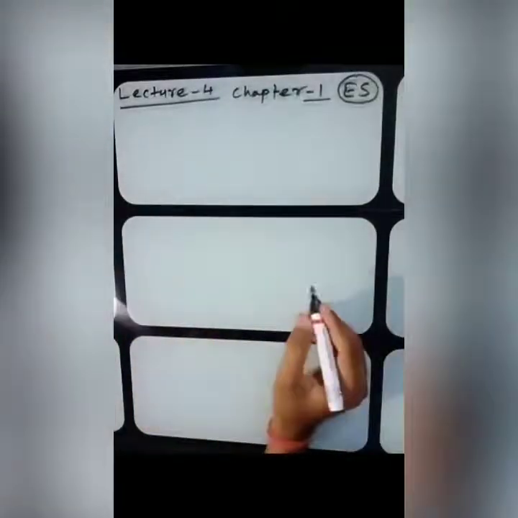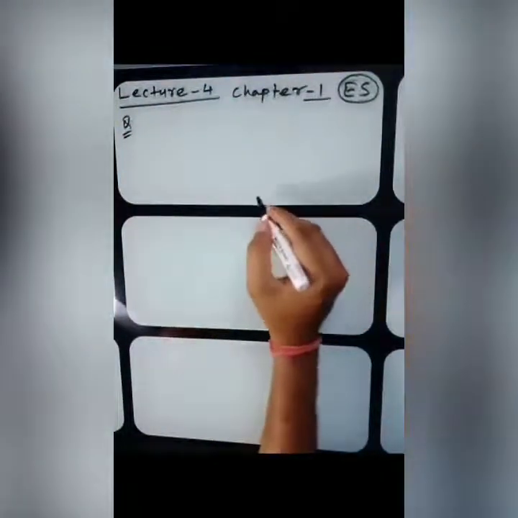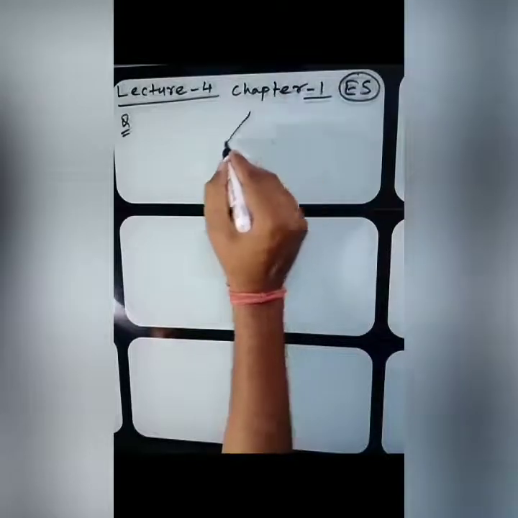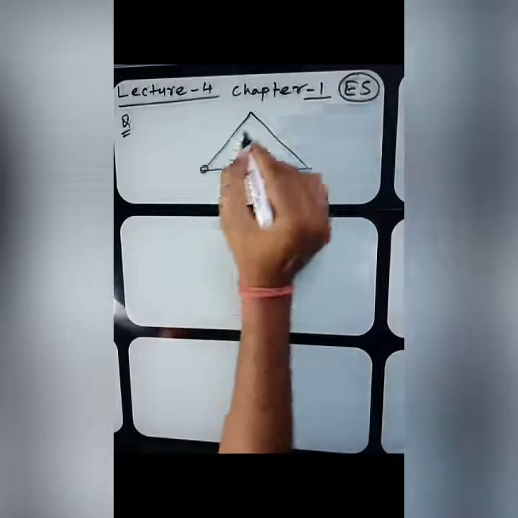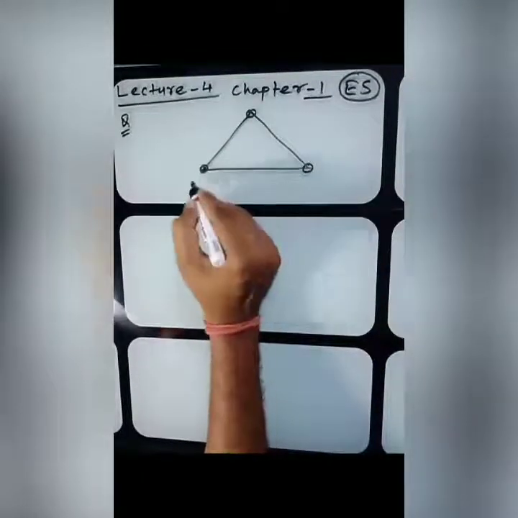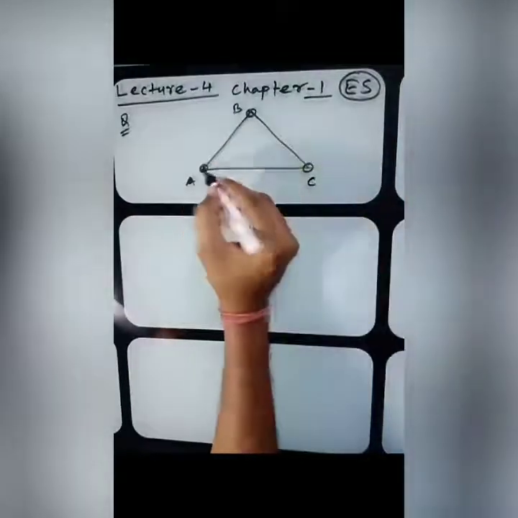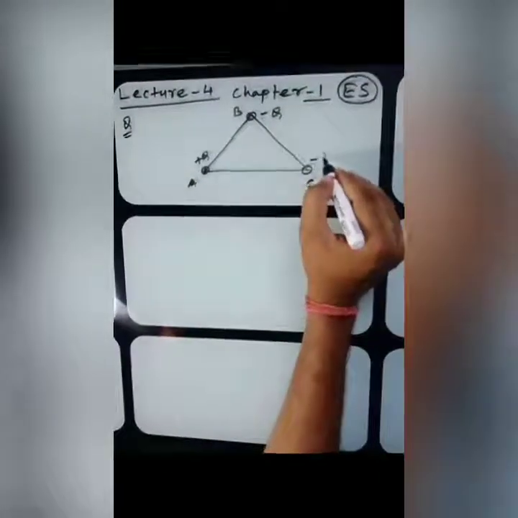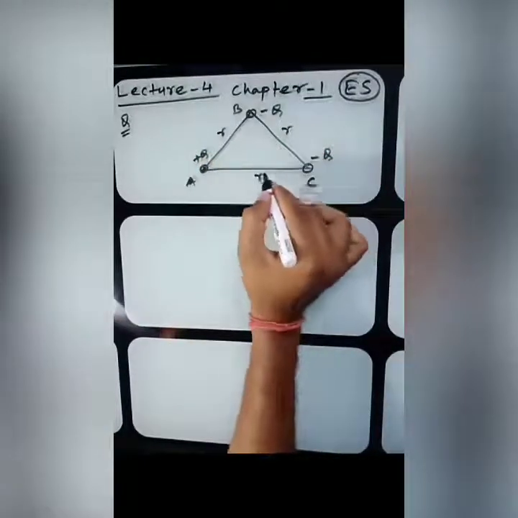Now another type of question, students. Next type, you have to find the net force on A. This is plus Q, minus Q, and this is minus Q. The distance is R, suppose, an equilateral triangle.